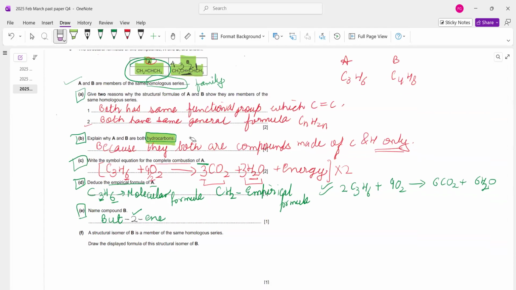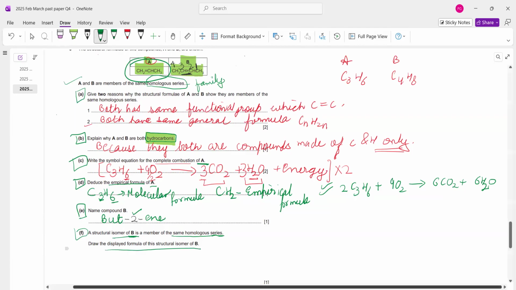Let's see the next part, part F. A structural isomer of B is a member of the same homologous series. Draw the displayed formula of this structural isomer of B. Okay, so the molecule B is actually CH3CH double bond CHCH3. So here we have a double bond between carbon number 2 and 3.